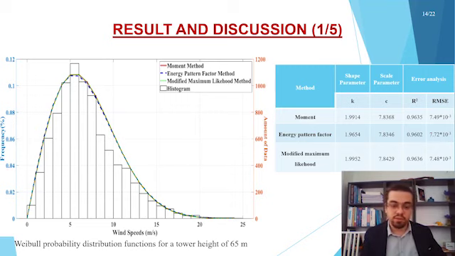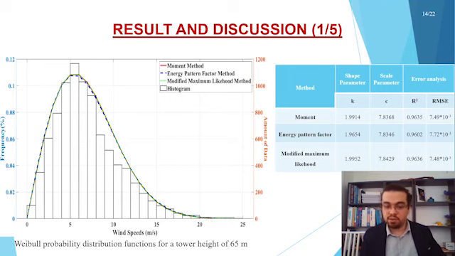Of course, we conducted two different error analyses to find a more consistent result. The first of which is R square, and the second is RMSE. We want our R square value to be large and the RMSE value to be small.